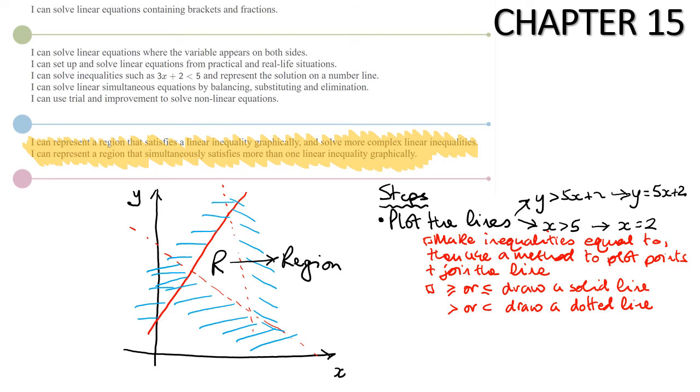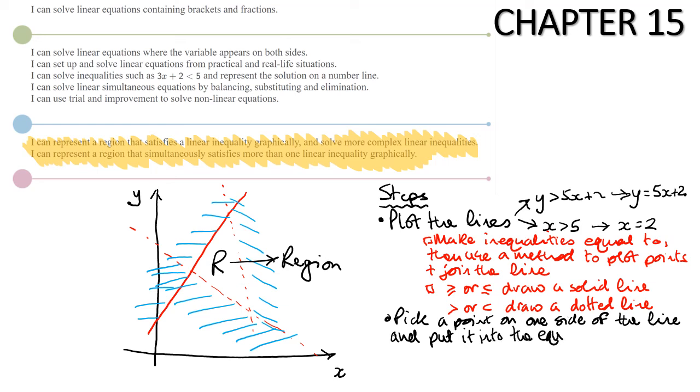Now we need to decide which side to shade. So what you do is you pick a point on one side of the line, and put it into the inequality.